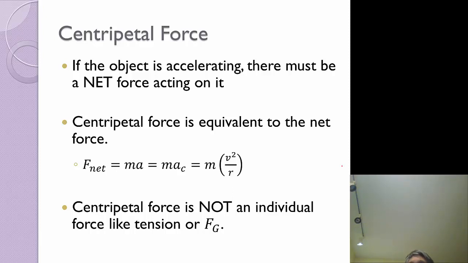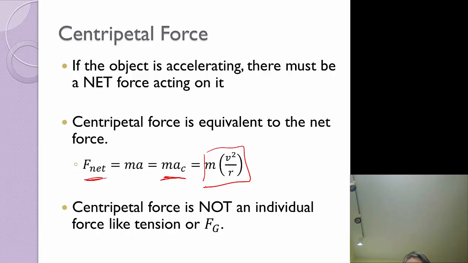This is nothing more than F net. So if I do F net equals ma, really what I'm saying is F net is going to equal mass times the centripetal acceleration, or we can make the substitution and call it mv squared over r.